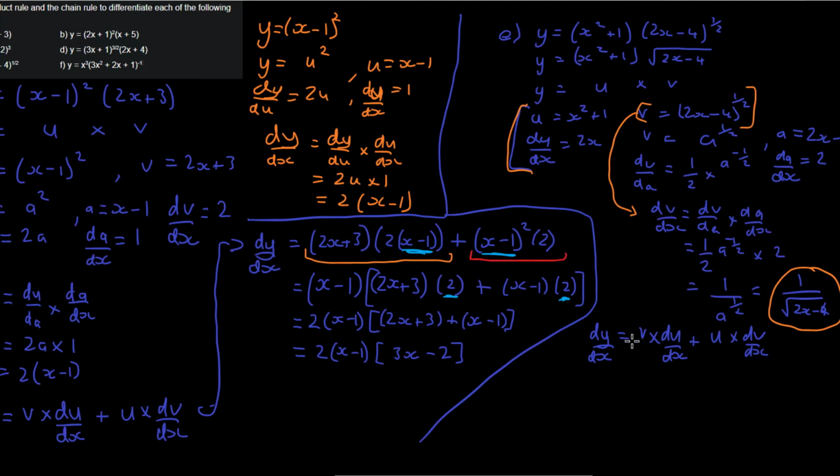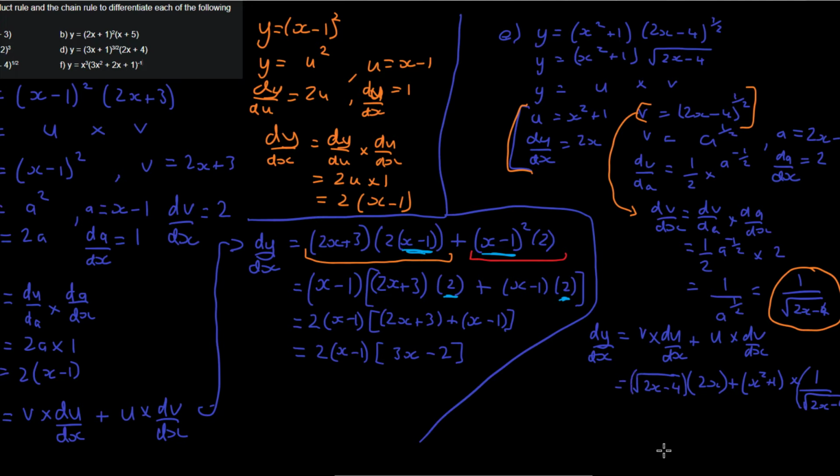So now I want v first. v is equal to the square root of 2x minus 4. My du dx, that is 2x, plus u is x squared plus 1. dv dx is 1 over the square root of 2x minus 4. Remember, keep things in brackets just to help you keep track of any negative signs.